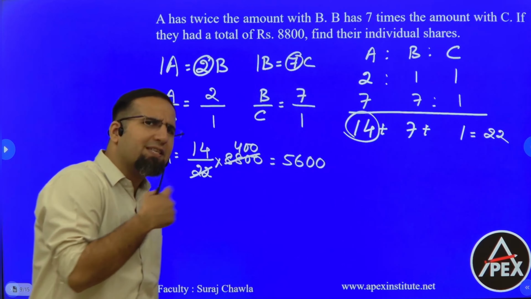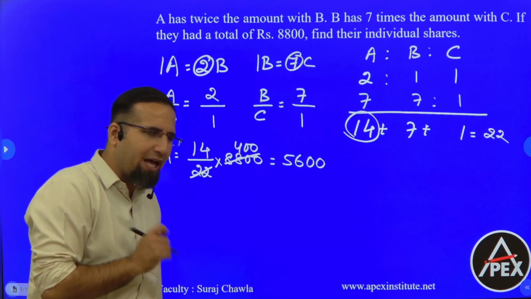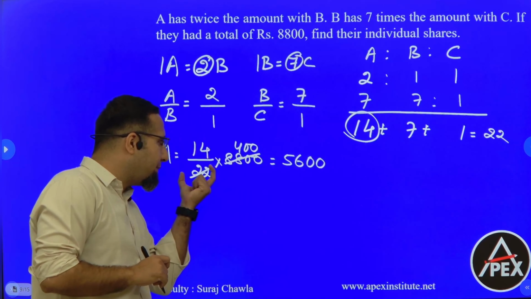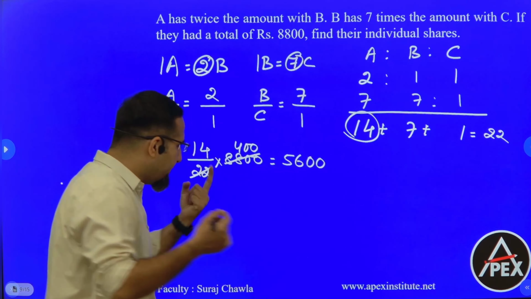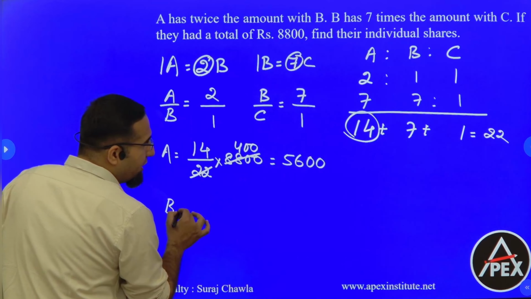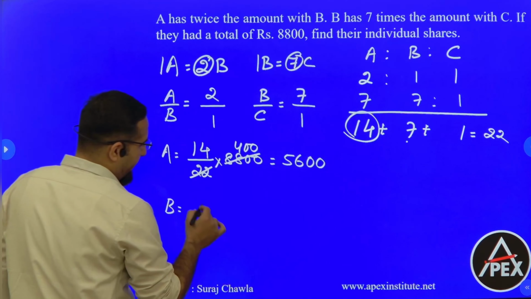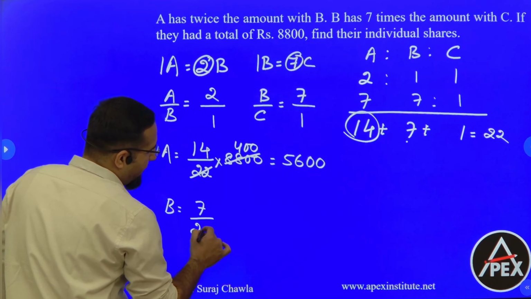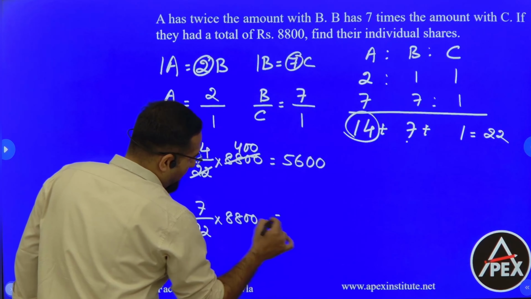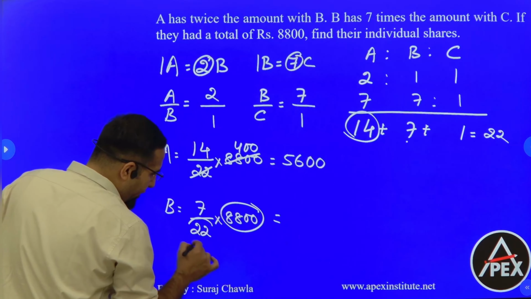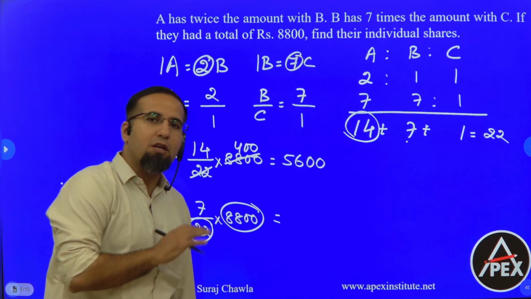Now, we also discussed in the first basic video that this 8800 by 22 will be common amongst all of them. Right? If you observe, the share of B becomes 7 becomes my numerator divided by 22 into 8,800. So, this 8,800 by 22 is common in all the ratios.